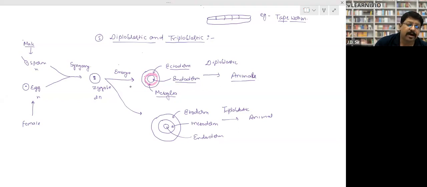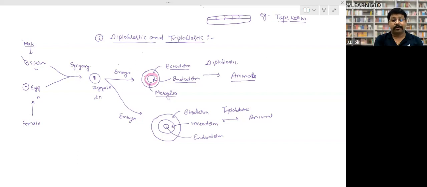Now, there are other animals where the zygote will develop into an embryo made up of three layers, like humans. The embryo will be made up of ectoderm, in the middle layer mesoderm, and the inner layer endoderm. Our complete body parts are developed from these three layers: the mouth, skin, and everything develop from the ectoderm, endoderm, and mesoderm.